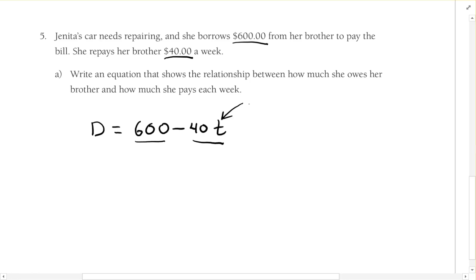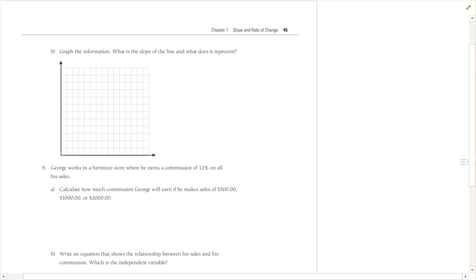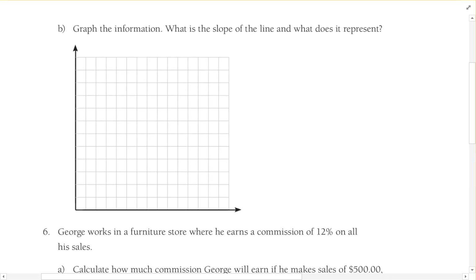All right, so if we graphed this now, we think about debt on this side, like I said. This is really just money, though, we're thinking about. And then time on the bottom, and we're going to go in weeks. What we want to do going up the left side is make sure that we get to 600 at a decent rate. So probably the easiest way is just to go up by 100.